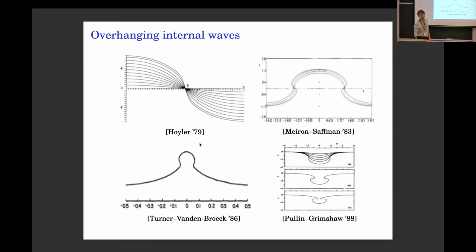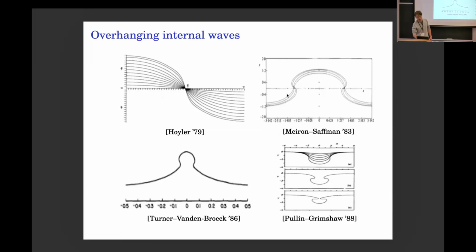In the late 70s, she was able to compute, even back then, the internal wave profile all the way up to this very much like a vertical tangent development. Later, Meiron and Saffman, Turner and Vanden-Broeck, and Pullin and Grimshaw reconsidered the same setting.